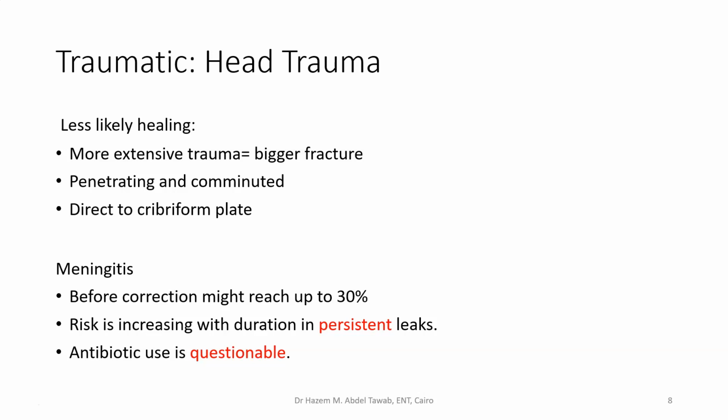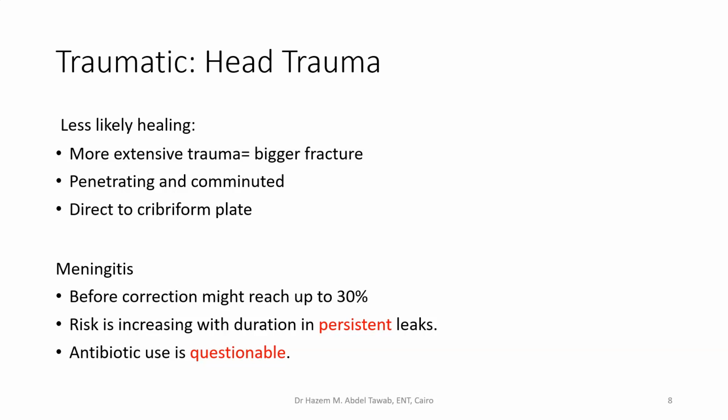Of course. However, we are going to stay with the point that antibiotic use is questionable. It is actually controversial to use antibiotics except if there is a doubt or a confirmed diagnosis of meningitis. Otherwise, without meningitis being established, for example, some doctors give it as prophylactic.